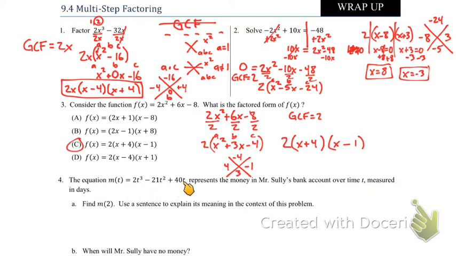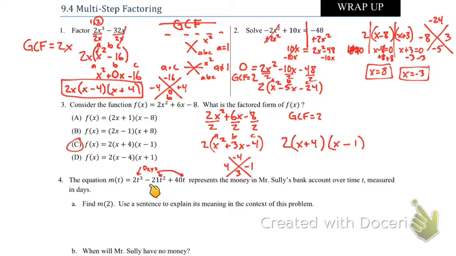So real quick, let's make sure we understand here. T is time, but it's in days. So if we plug something in, we're plugging it in for every t, okay?